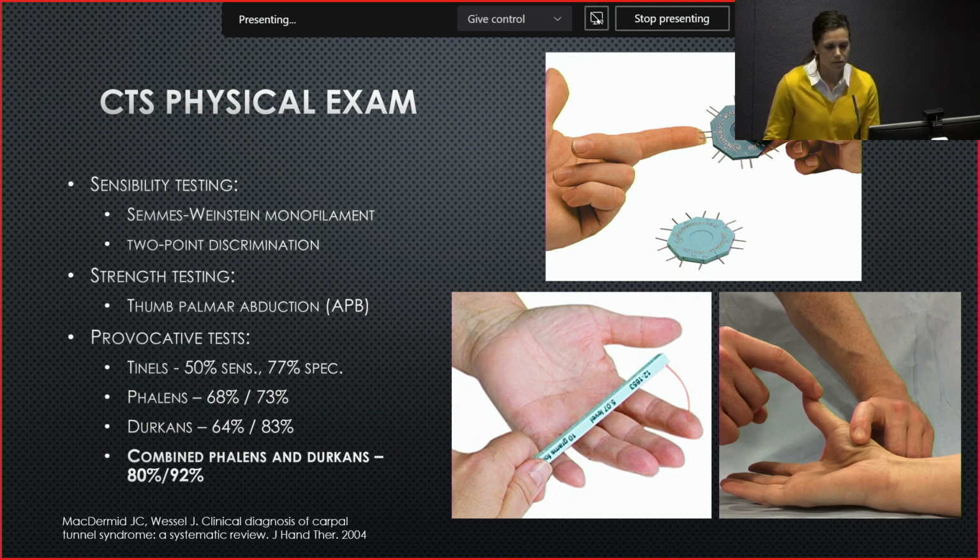Phelan's test, holding the wrist in flexion, should reproduce numbness and tingling in the median nerve distribution, but again, not great sensitivity. And Durkan's test is just direct pressure over the carpal tunnel, which reproduces numbness and tingling. The most sensitive and specific test is the combined Phelan's and Durkan's, where you just do it at the same time. It's also the most efficient, so I tend to do that.